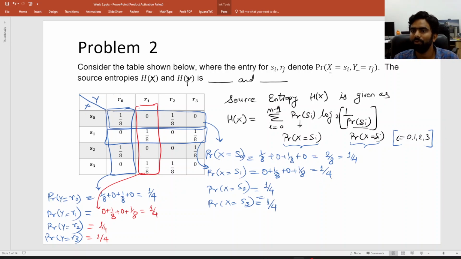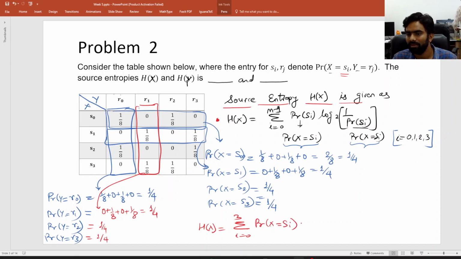So first we calculate the source entropy for the symbol Si. I've already written the formula: H(X) equals sum over i of P(Si) log base 2 of 1 over P(Si). Writing it clearly, i equal to 0 to 3, probability that X equal to Si times log base 2 of 1 over probability X equal to Si.